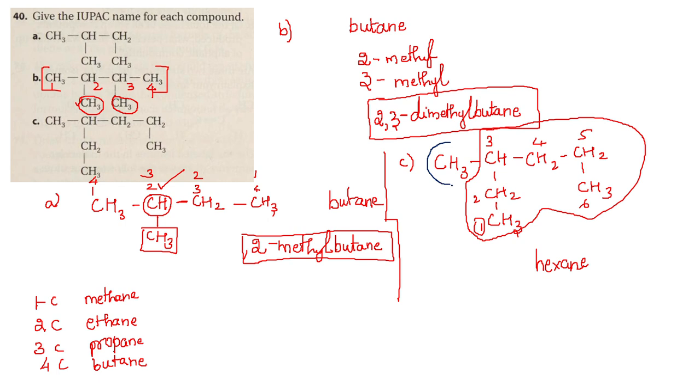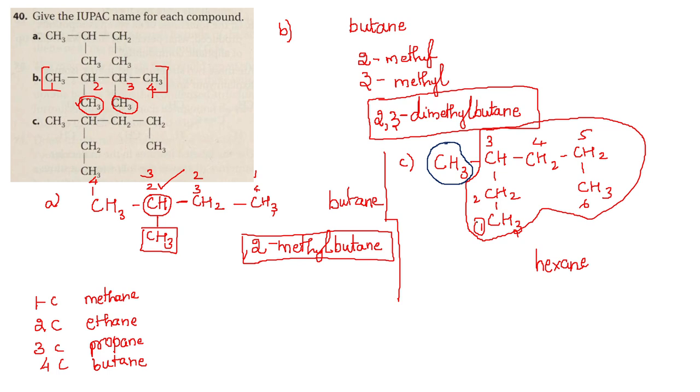So this will be the substituent. Just think of it as a spring: you can twist it, you can twirl it, but that is the longest chain. Now you will have to number the carbon atoms such that the substituent is attached to the carbon with the least number.